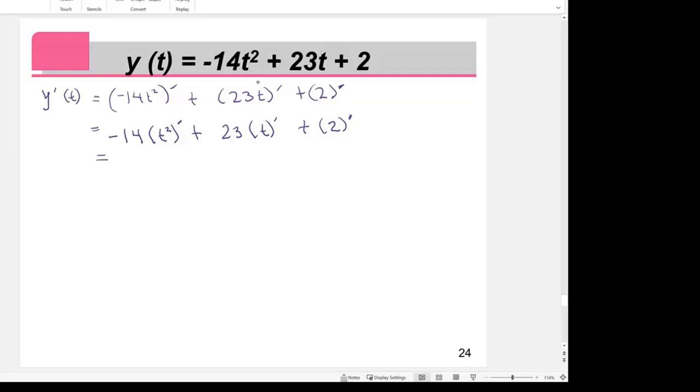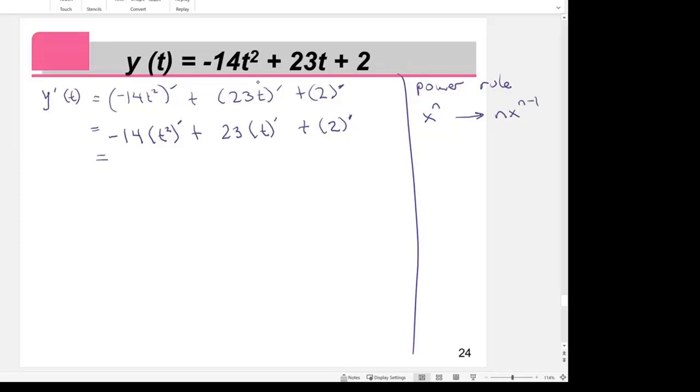Now, I want to use my power rule. My power rule says that if I have x to the n, then the derivative is going to equal n times x to the n minus 1.